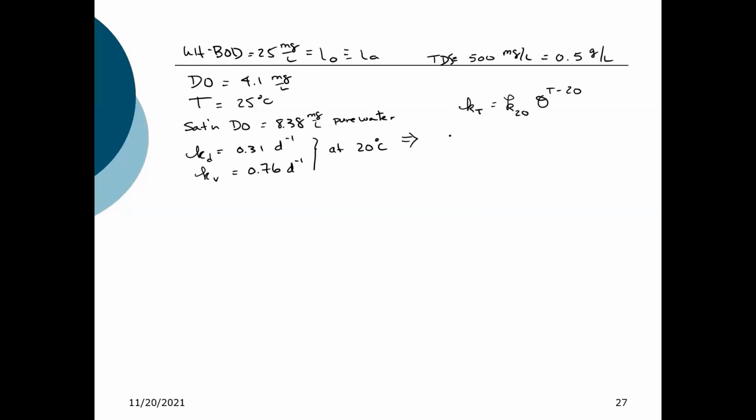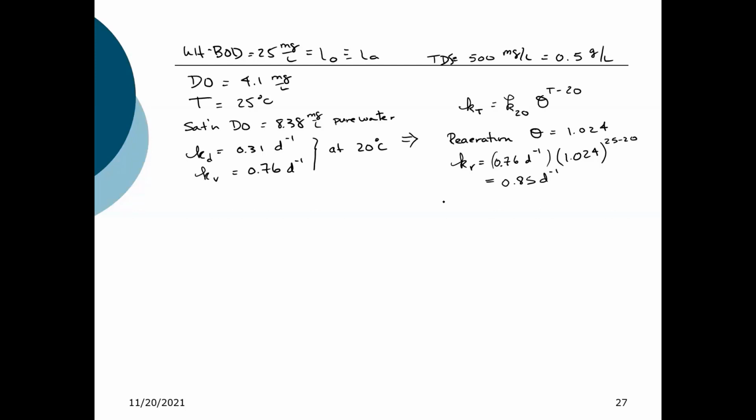And for reaeration, theta is equal to 1.024. Our reaeration constant is equal to 0.76 inverse days times 1.024 to the 25 minus 20. And that is equal to 0.85 inverse days.